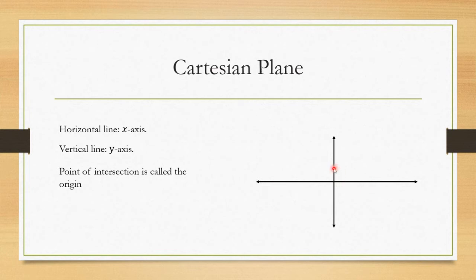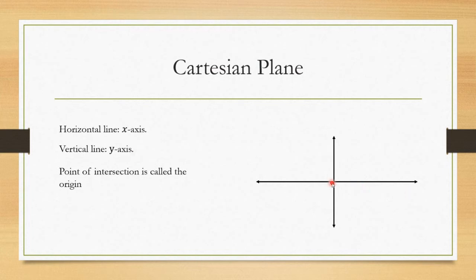So in other words, they're perpendicular, meaning they intersect at a 90-degree angle. We're going to call the horizontal number line the x-axis. The vertical we're going to call the y-axis. So horizontal is the x-axis. Vertical is the y-axis.